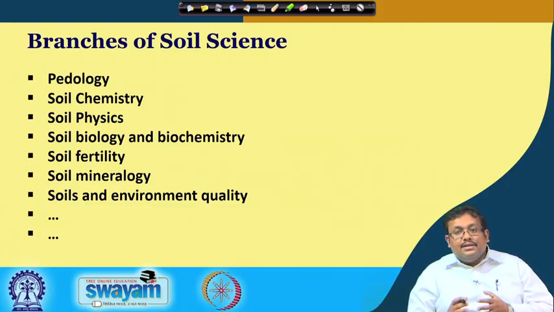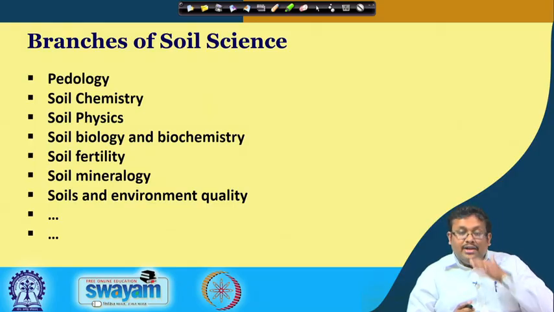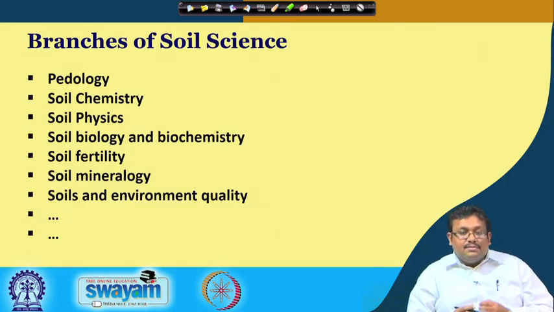And there is another major branch, that is soil and environmental quality, which basically deals with soil pollution and their remediation. Now, I have kept a couple of blanks because each and every day new branches of soil science are evolving.